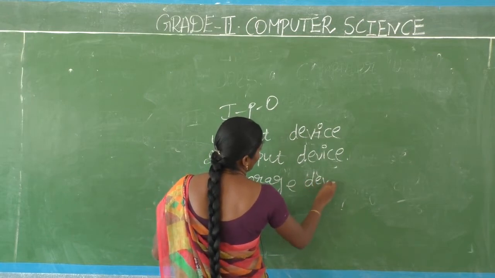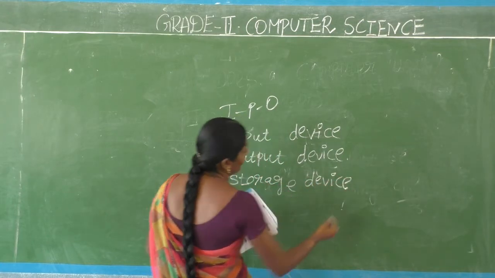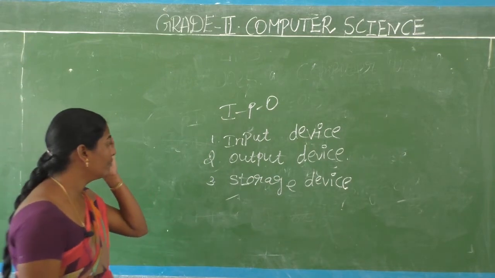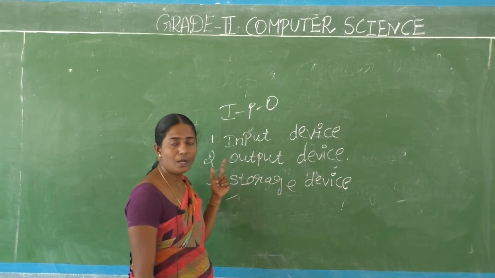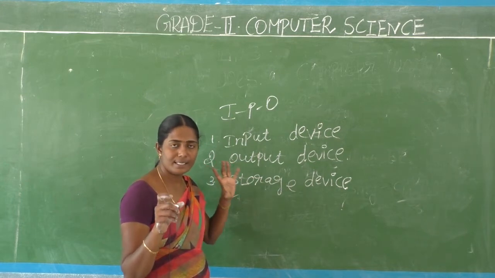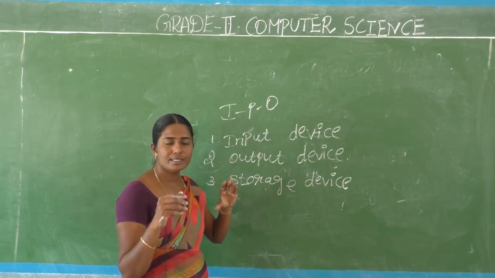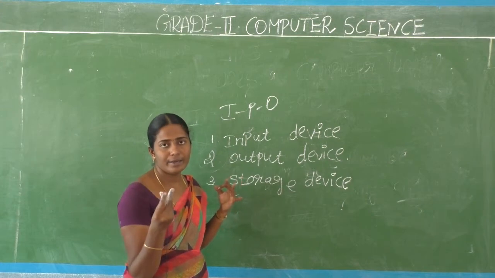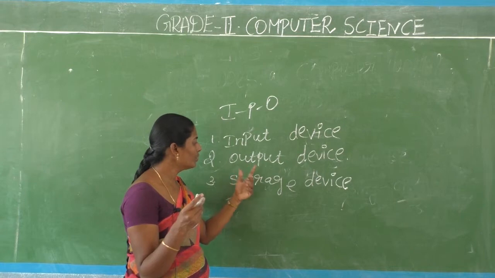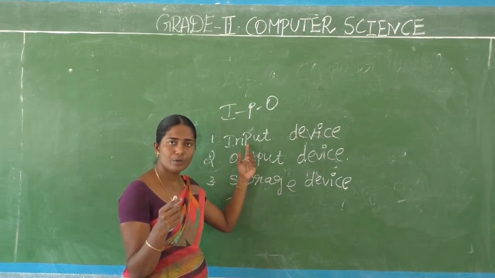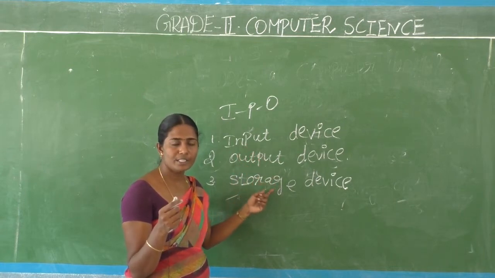Computer devices. How many devices here? 3 devices: input device, output device, storage device.